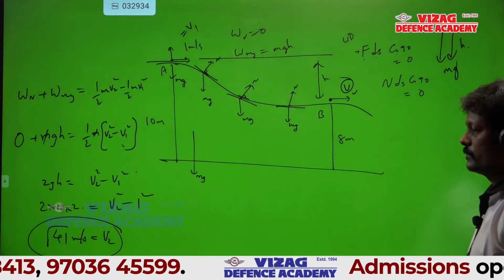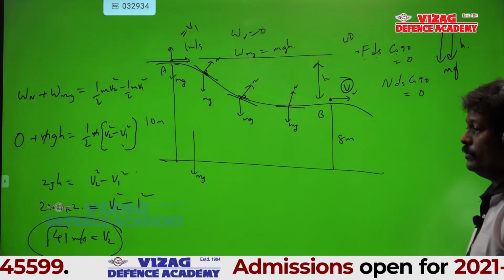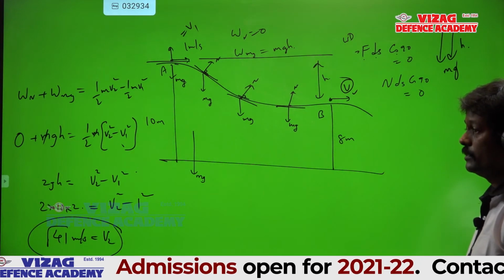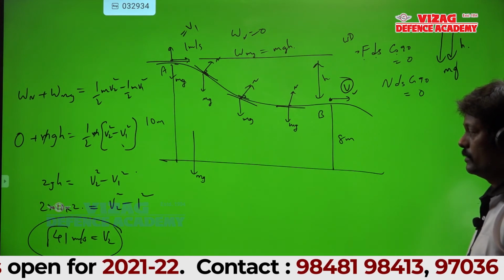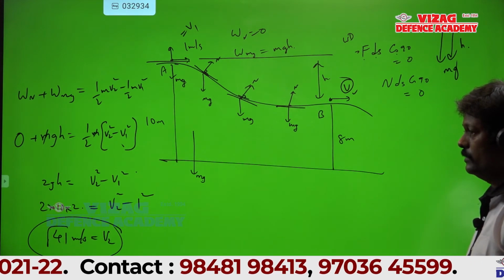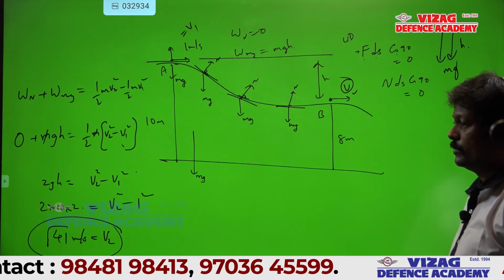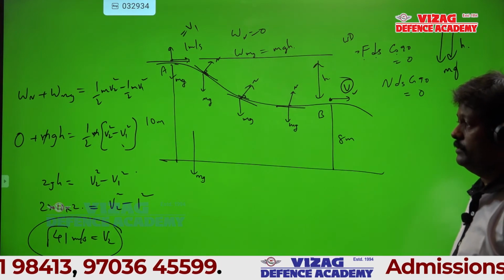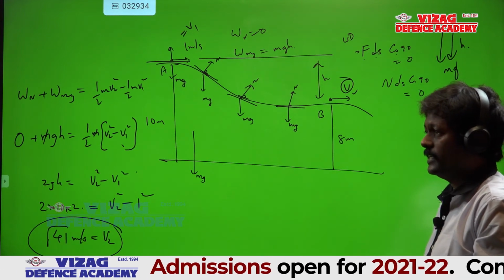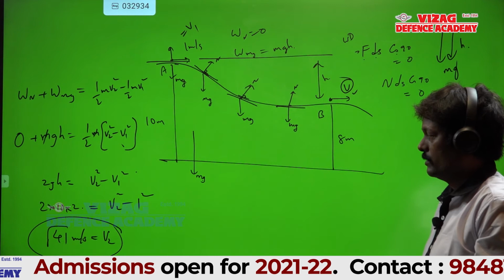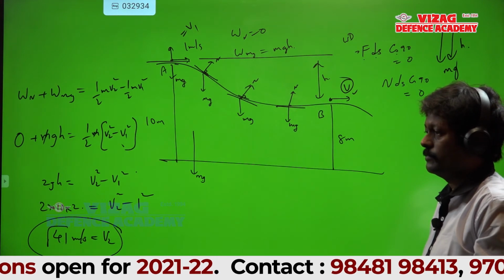Root over 41 meter per second square. No, velocity, what is the unit? Meter per second. Meter per second square means acceleration.